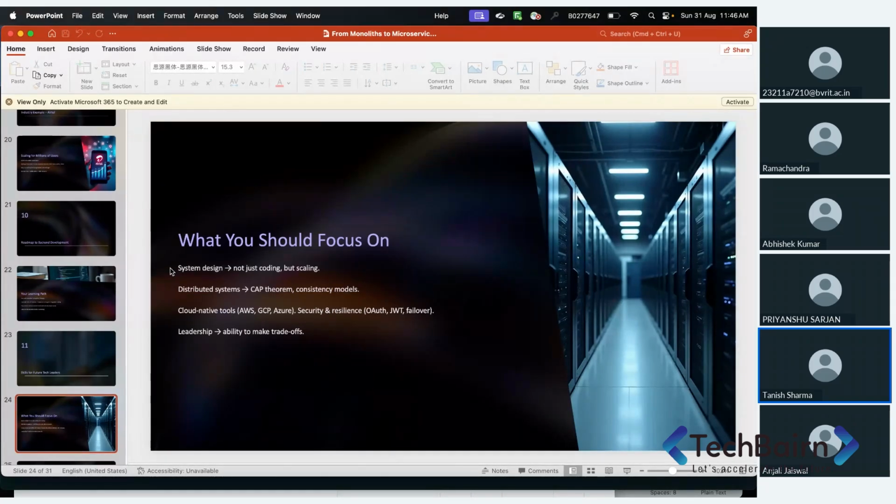What I want to say about distributed systems is, let's break it down into the CAP theorem and consistency models. Within distributed systems there would be more than one microservice, right? And the microservices would be communicating with each other directly or indirectly.